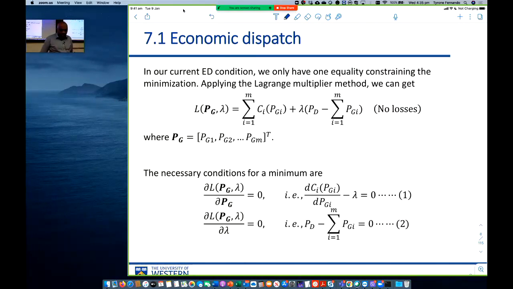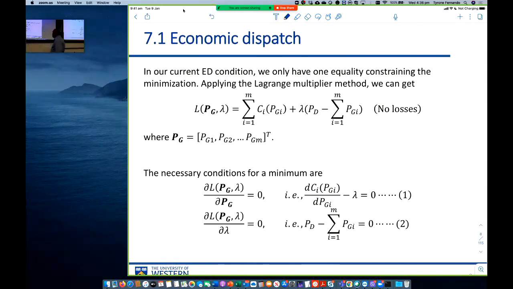So we have this: the Lagrange function is the cost function, the cost of generating electricity, plus lambda times the demand minus the generation, which must be 0. So that's the g(x), right? Lambda times g(x) is added to make the Lagrange function.